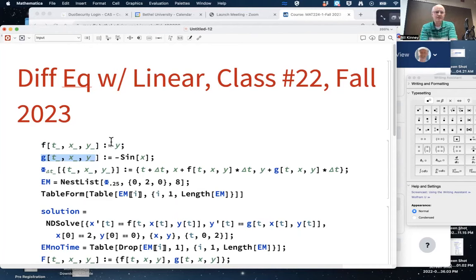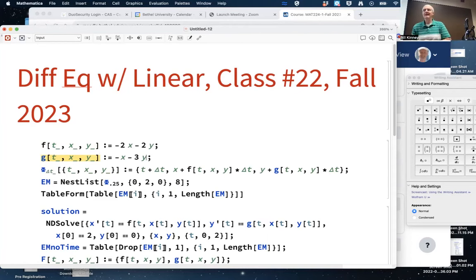Our system is autonomous. We don't really need the t in there, but I'll leave it there anyway. It doesn't hurt. The first component of the vector field is -2x minus 2y. The second component is -x minus 3y.